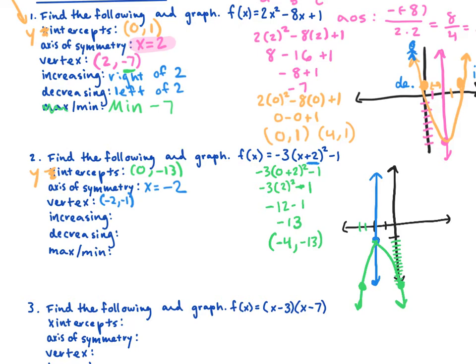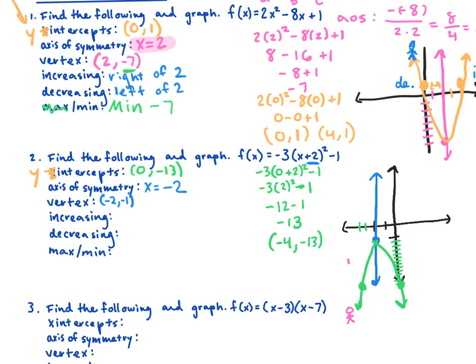Now, if we were a person starting at the left side of our graph and walking towards the right side, are we going uphill to begin or downhill? You're going uphill.